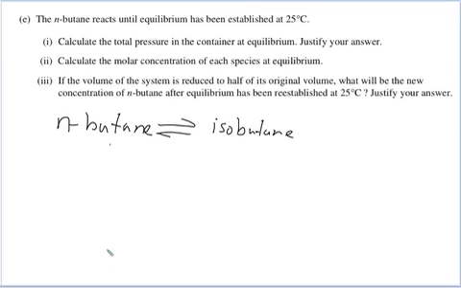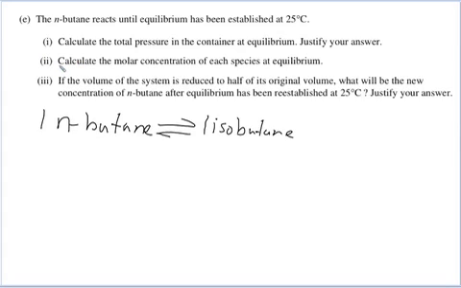Notice that for every 1 mole of butane that turns into 1 mole of isobutane, at equilibrium, when we had 0.24 atmospheres to begin with, it doesn't really matter how the equilibrium shifts. The pressure is not going to change because it's a 1-to-1 mole ratio. You're going to have the same number of particles no matter what, so the total pressure isn't going to change at equilibrium.